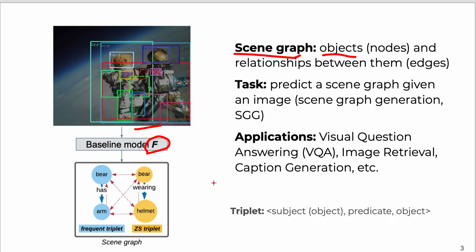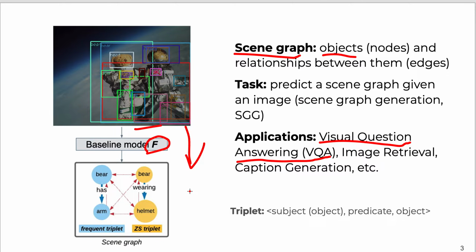So the idea is usually that scene graphs allow you to work in the semantic space. For example, for visual question answering, it's much harder to directly predict the answer given some question and image, to directly predict the answer from the image without explicitly predicting objects and relationships between them.